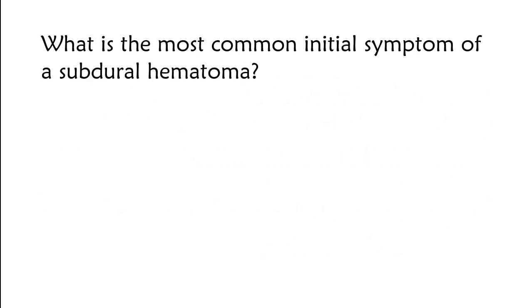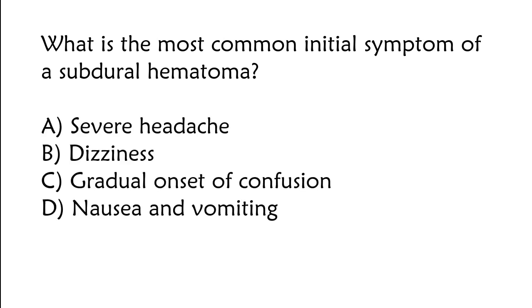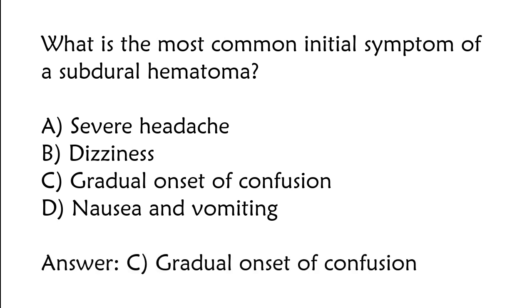What is the most common initial symptom of a subdural hematoma? Severe headache, dizziness, gradual onset of confusion, nausea and vomiting. The correct answer is option C, gradual onset of confusion.